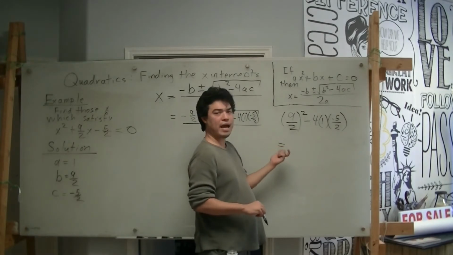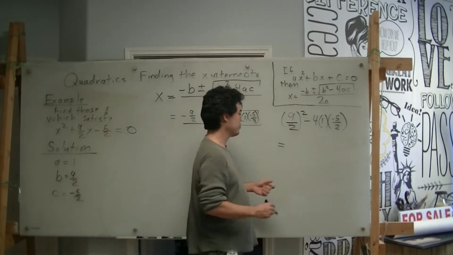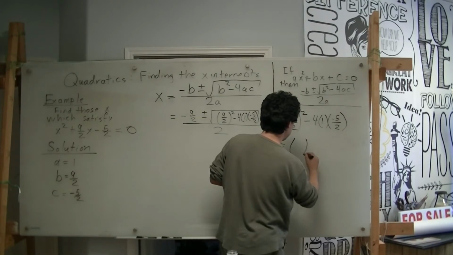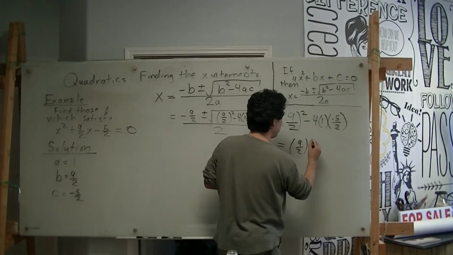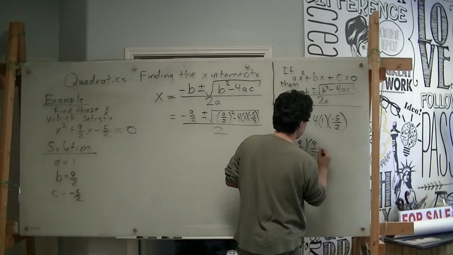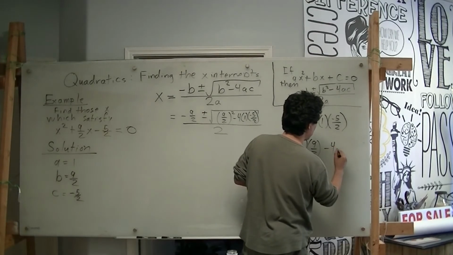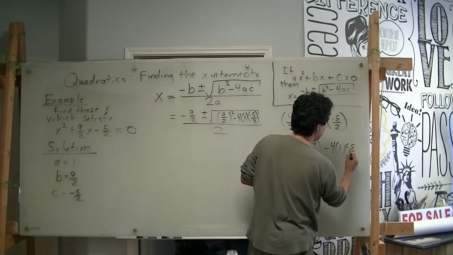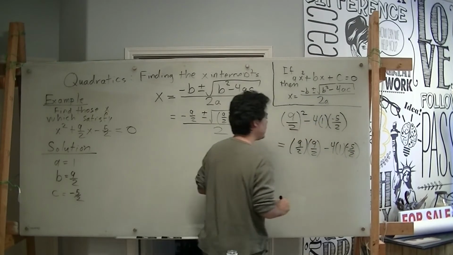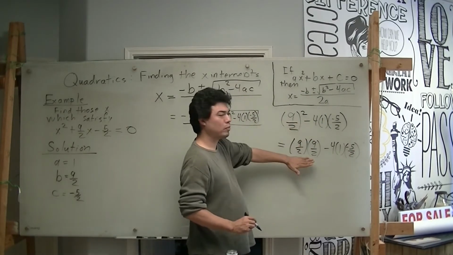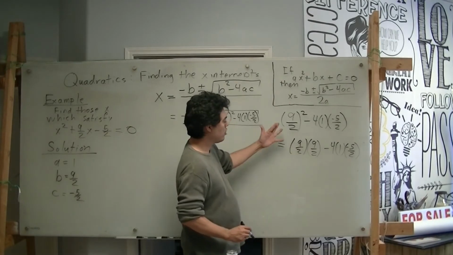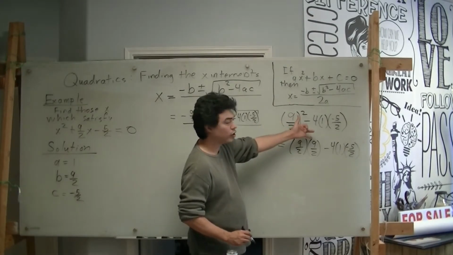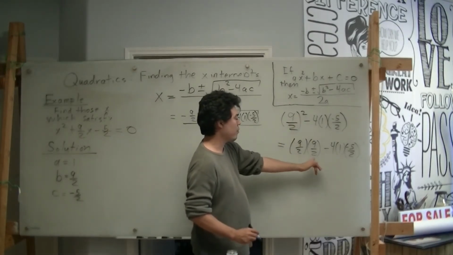That means 9/2 times 9/2. So let me write that down here. 9/2 times 9/2 minus 4 times 1 times negative 5/2. When we multiply fractions again, I want to remind you, we just multiply the numerator with the numerator and the denominator with the denominator.